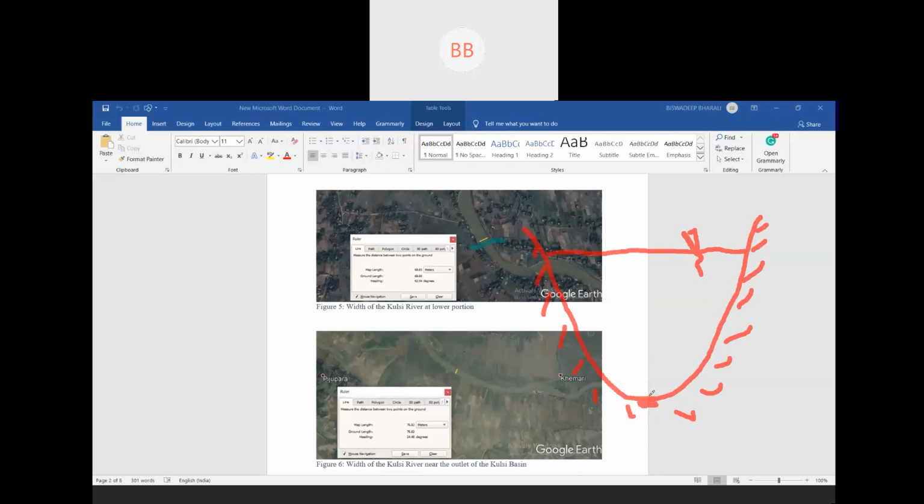So when you move from the bottom towards the free surface, this is your free surface, your velocity is not the same.